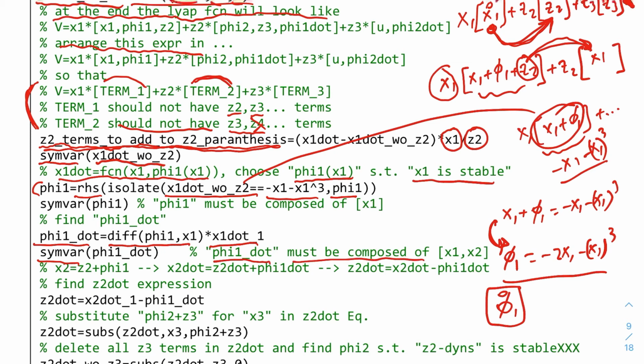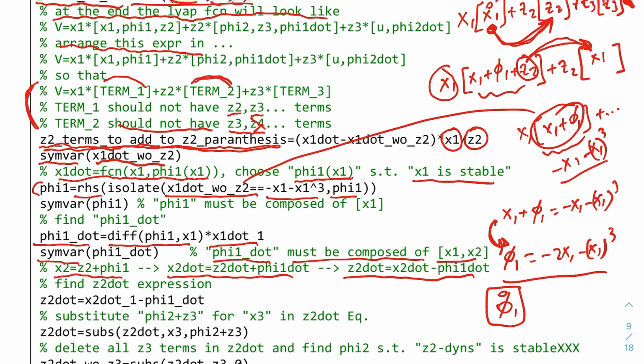Phi 1 dot must be dependent on x1, x2. This is the typical change of variables equality that we memorize when dealing with backstepping control. Take the time derivative and isolate z2 dot to find the dynamics of z2.